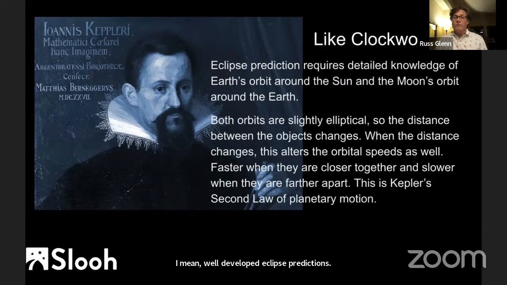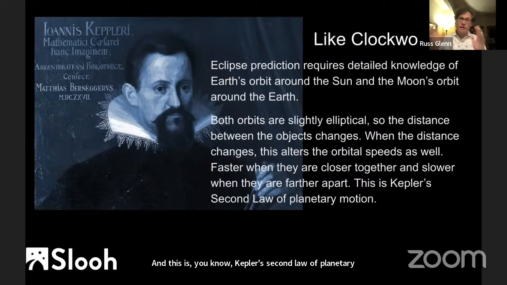But since both orbits are slightly elliptical, the distance between the objects changes, and when it changes, it alters their orbital speed. So even though it's like clockwork, it actually isn't, because things are actually changing. And this is Kepler's second law of planetary motion.